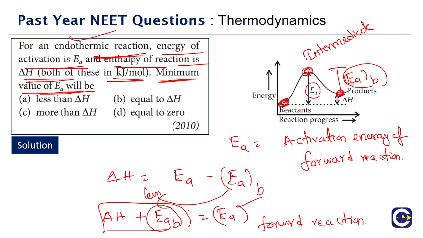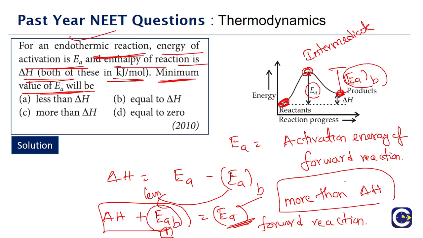So what can we say about the minimum value of the activation energy? Even if it is like 1 or 0.5, whatever it is, the activation energy of the forward reaction will definitely be more than the delta H value. Why can we comment so? Because the activation energy of the forward reaction is equal to delta H plus something, and that something will have a value like 1 or 2 or 3, whatever it is.